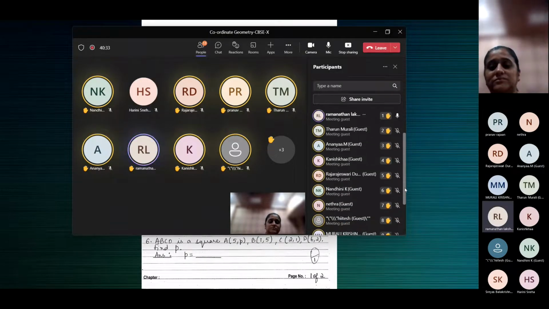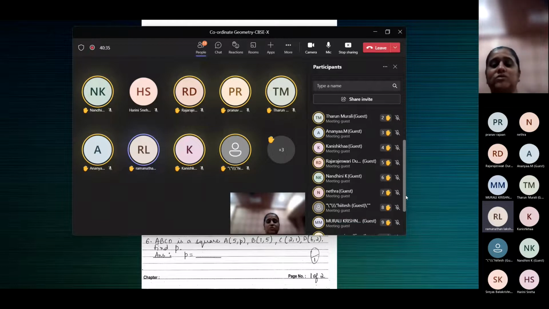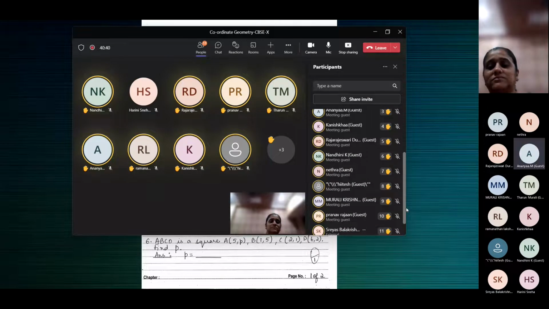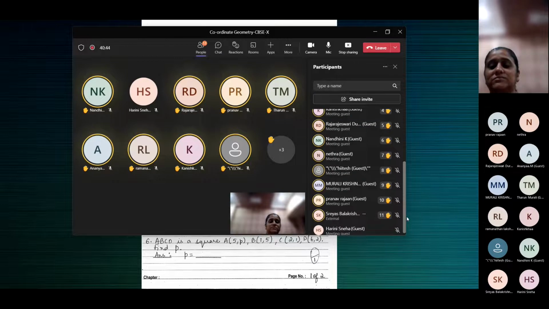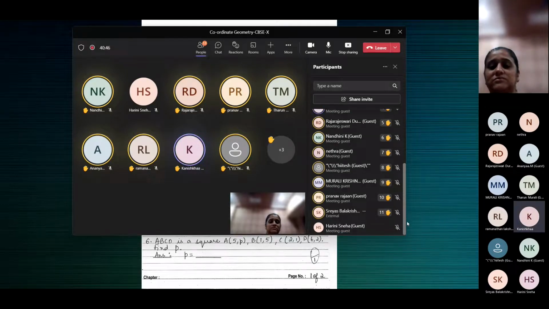Okay, Tarun got it. Ananya, yes, ma'am, got it. 2 and -2. Kanishka, Rajarajeshwari? Ma'am, actually I got wrong on the calculation. Ma'am, half I was doing it. Okay. What about Nandini and Netra?